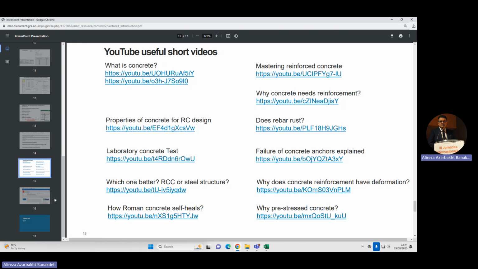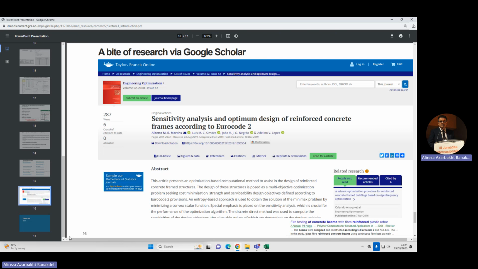They are useful. And the last but not least, if anybody is interested in linking these things to research, you can do research on concrete design as well. This is not part of the course, but if you have Google, type Google Scholar, and you will be directed to Google Scholar.